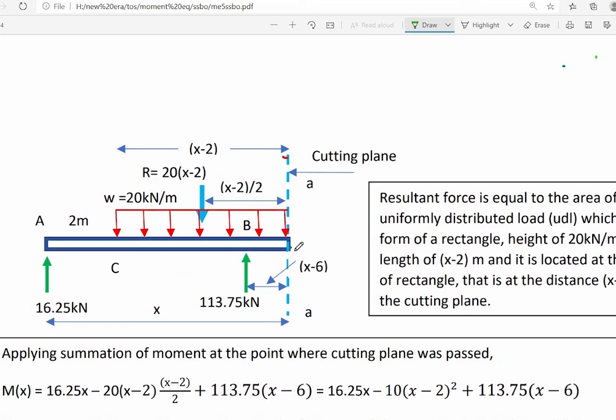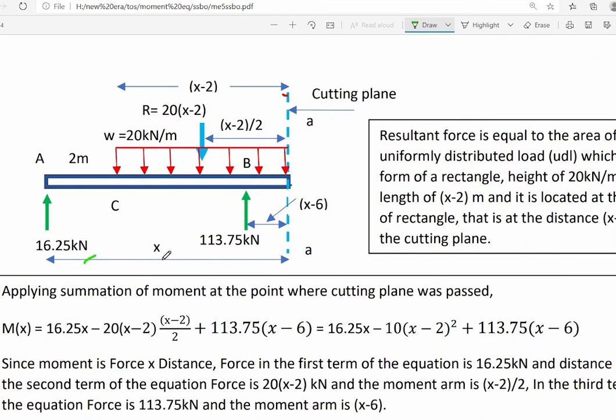We will now write the moment equation with respect to the cutting plane. Since moment is equal to force times distance, with force equal to 16.25 kN and moment arm x, the first term of our equation will be 16.25 multiplied by x. On the second term of our equation, force is equal to 20 multiplied by x minus 2, and the moment arm is equal to x minus 2 all over 2.